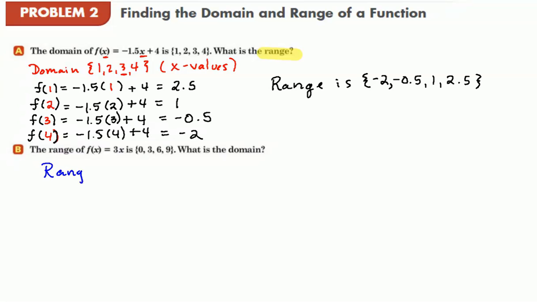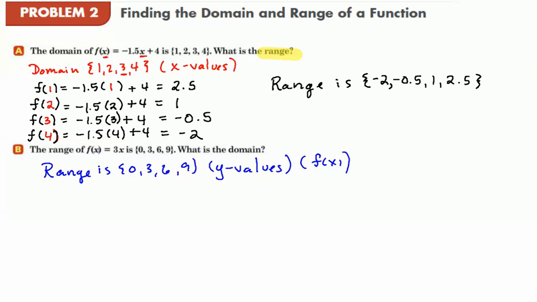Our range that is given to us is 0, 3, 6, and 9. Well, our range are our y values, or the output, but we're not going to use y values. This really means it's our f of x. So we're going to substitute our f of x for 0, 3, 6, and 9.